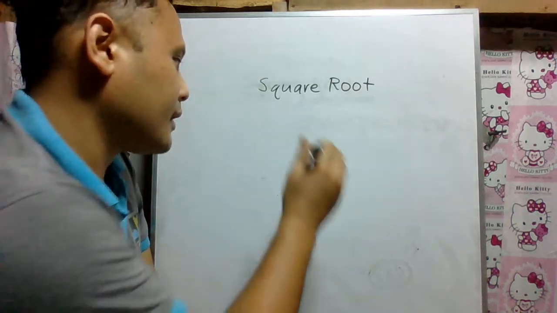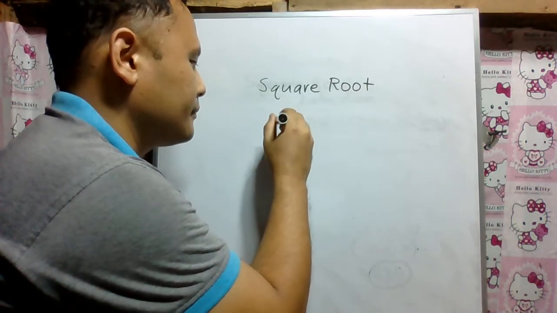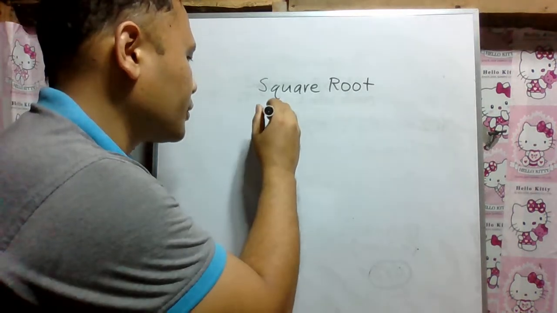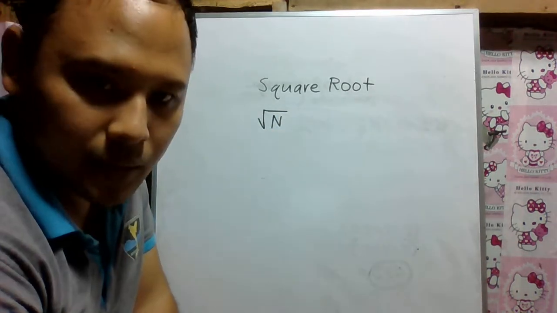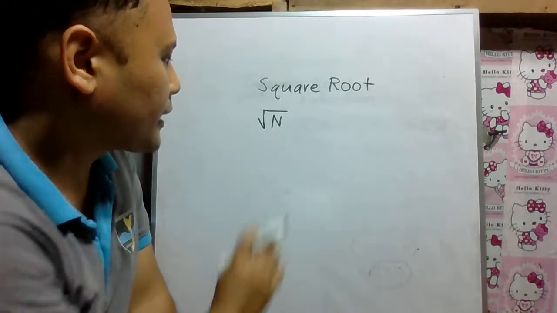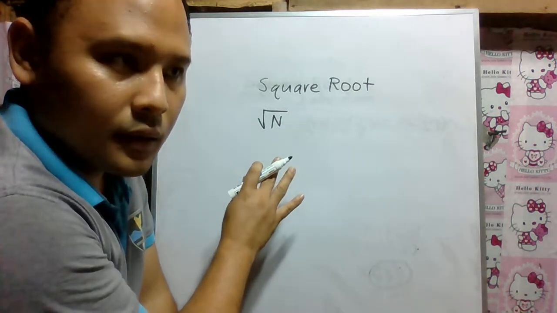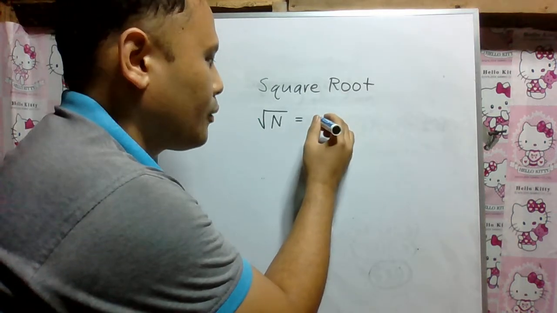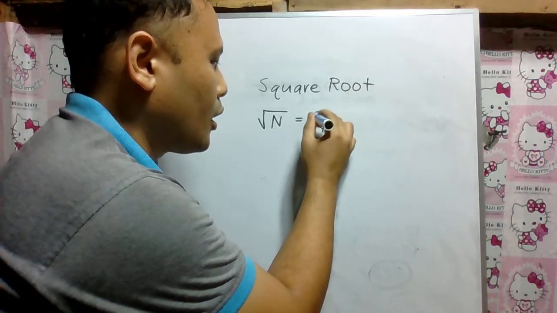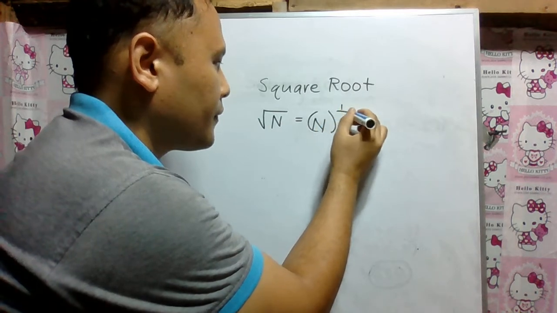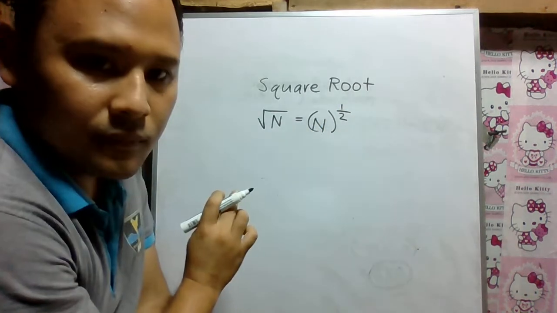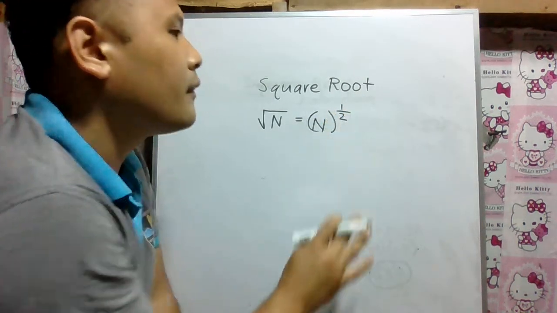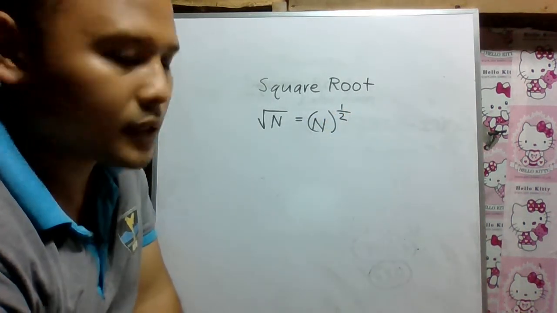Suppose we have the letter n here, and then we get the square root of this number. So getting the square root of this number also means getting the 1/2 power of the number n. Okay, square root and raising to the power of 1/2 are the same concept.